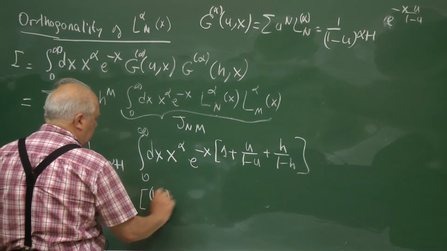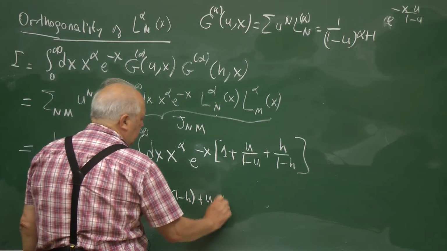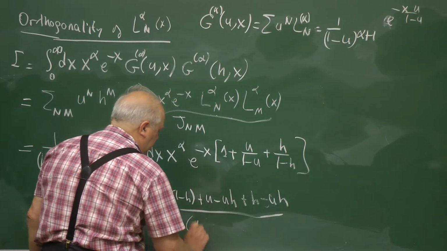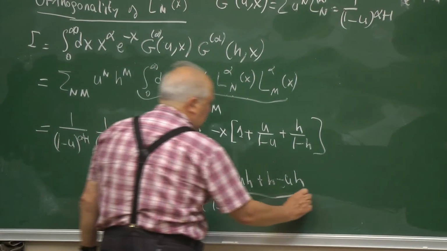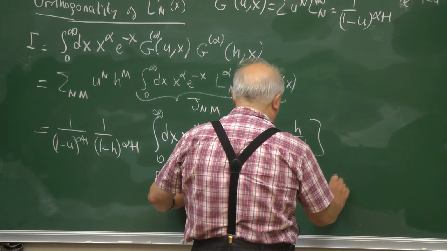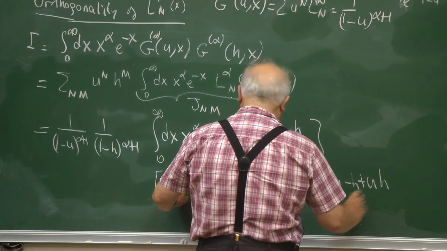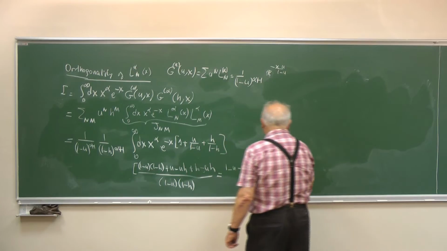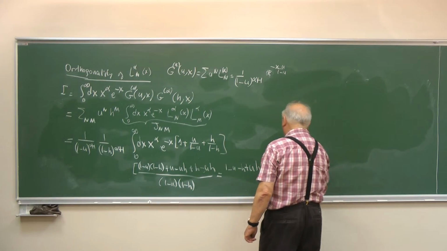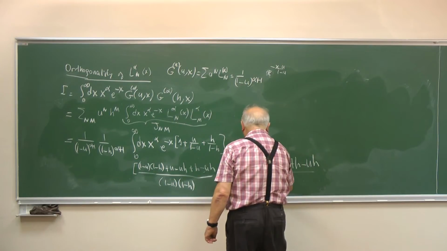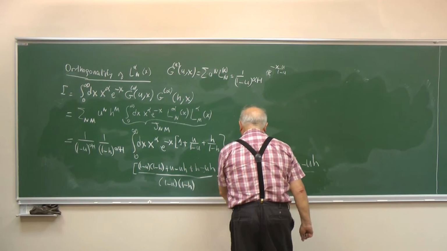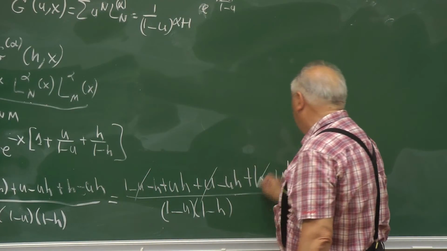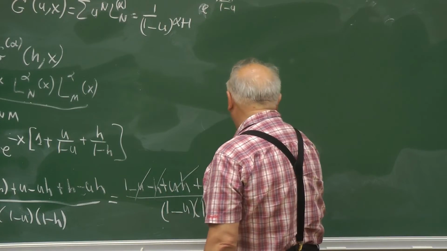So it is (1 minus u)(1 minus h), plus u minus uh, plus h minus uh, divided by (1 minus u)(1 minus h), equals, let's multiply, 1 minus u minus h plus uh, plus u minus uh, plus h minus uh, divided by (1 minus u)(1 minus h), equals, u cancels, h cancels, one of the uh's cancel.